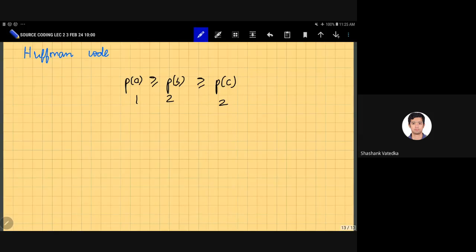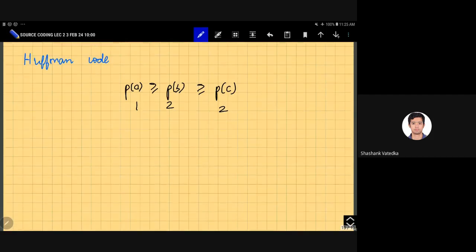It is going to be an iterative algorithm. So once again, unlike the Shannon code where we first constructed the code word lengths and then designed the code, in the Huffman code we're going to design the code words themselves one after the other. We know what is the optimal code for three symbols, and we know what is the optimal code for two symbols, right?